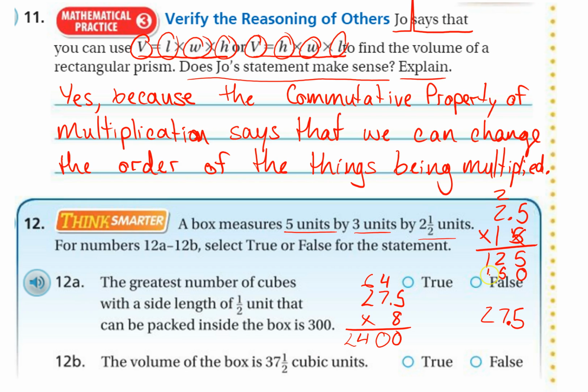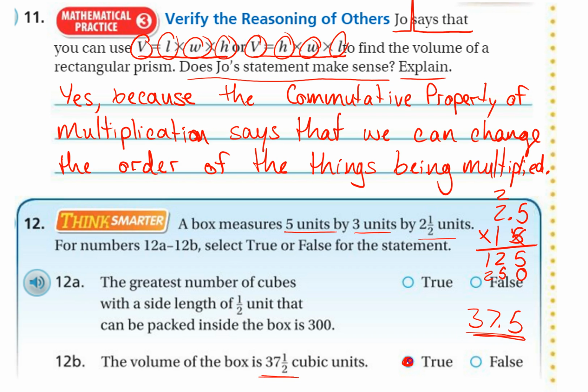Oh, here's my Mr. Music. You probably already saw it. I put 1 times 5 is 5, and then I put 1 times 2 is 1. Should have had a 2 there. So that's going to be 37.5.